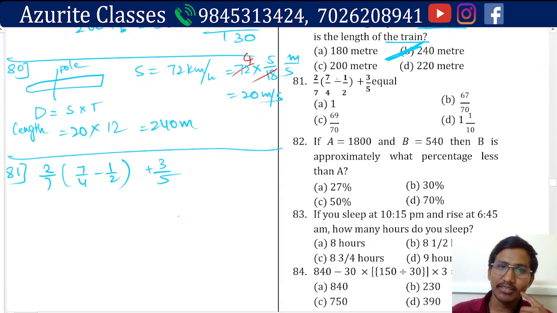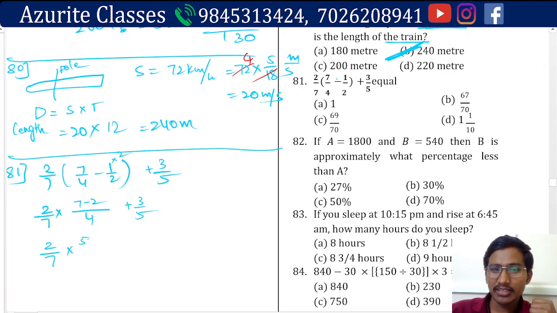So we have to solve the bracket first, right? 2 by 7, nothing means the numerator 2 will be there. The LCM will be 4. So 1 2s are 2, so 7 minus 2 will come, plus 3 by 5. So here 2 by 7 into (7 minus 2 is 5) 5 by 4, plus 3 by 5. Then we can cancel it out, right?